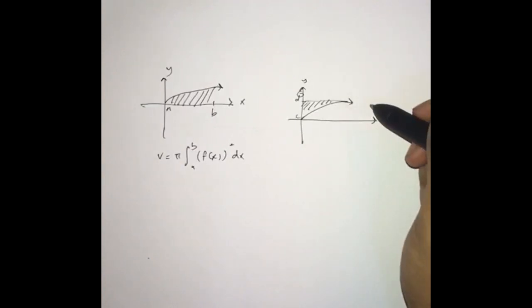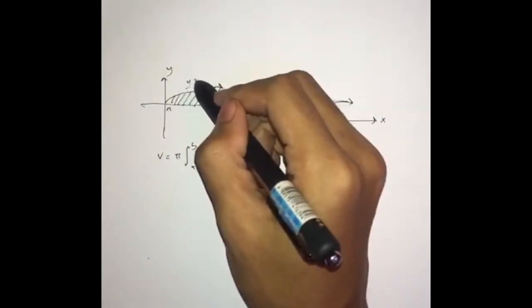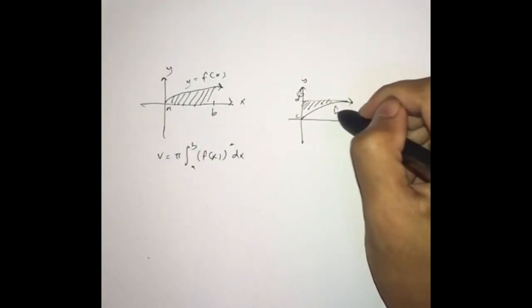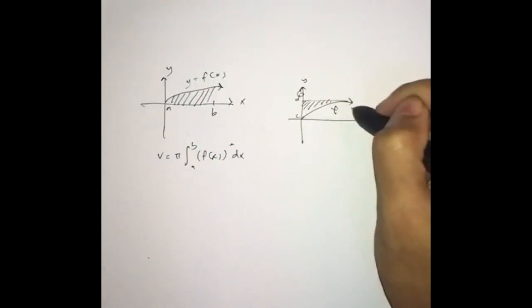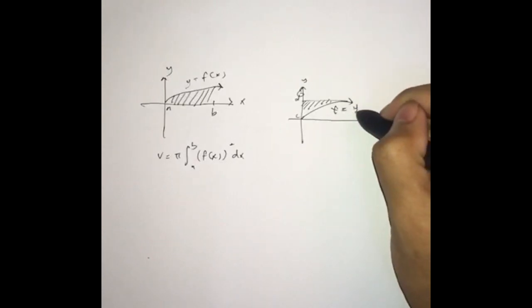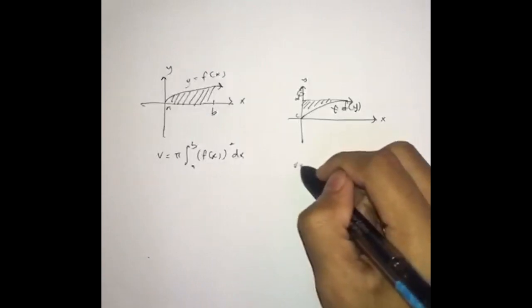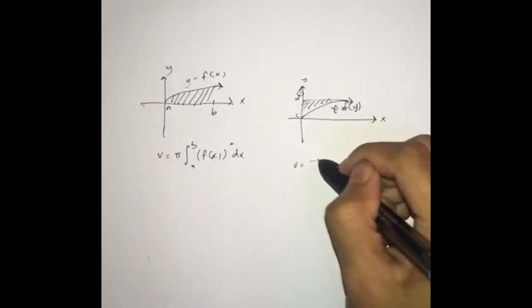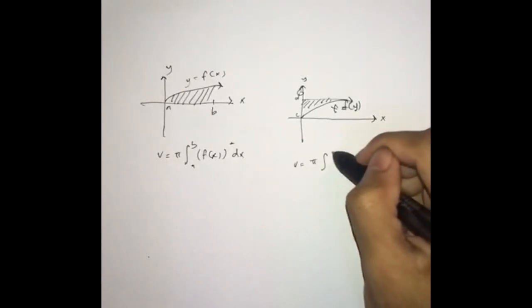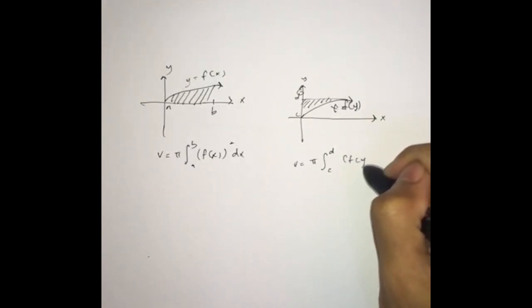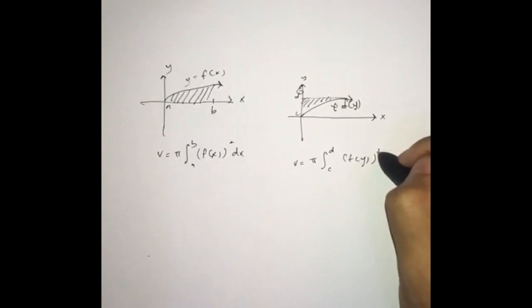Since it rotates around the y-axis, the function will be in terms of y. So the formula will be volume equal to pi integrate d to c f(y) squared dy.